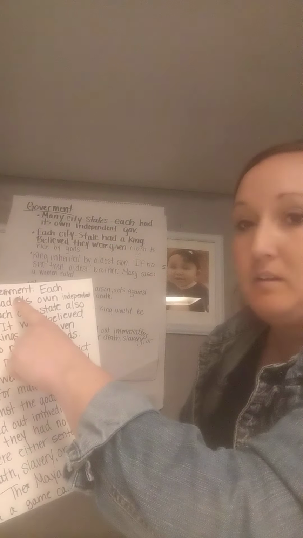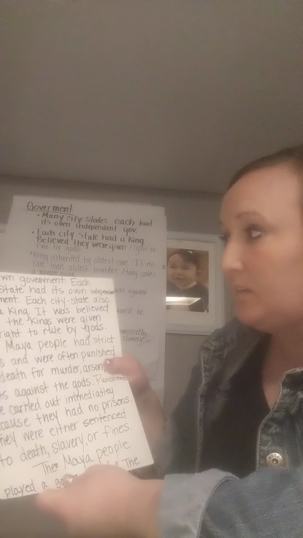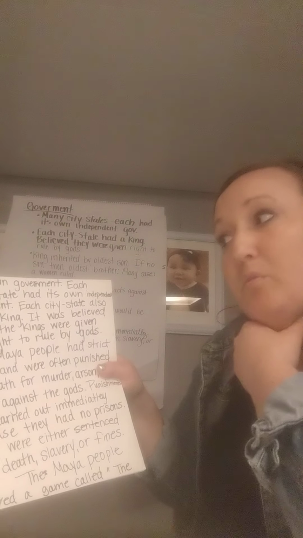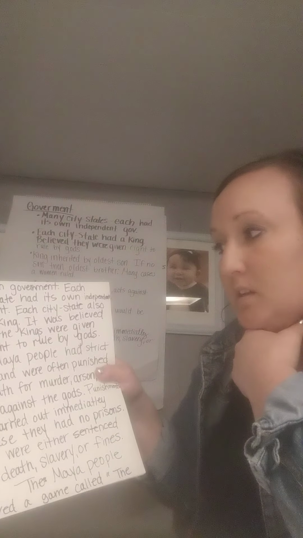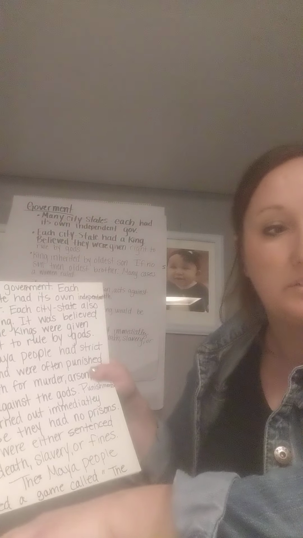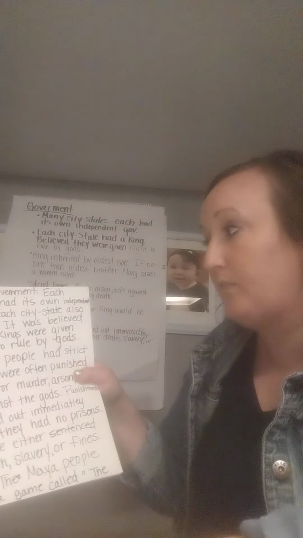Now, that was actually something that I didn't have in my notes, but I remember reading about that and I looked it back up and I thought that's really important, I think, for this paragraph to talk about how their government was emulated by other governments. Other governments adopted it and used it. It shows kind of how important and how strong of a government they had.